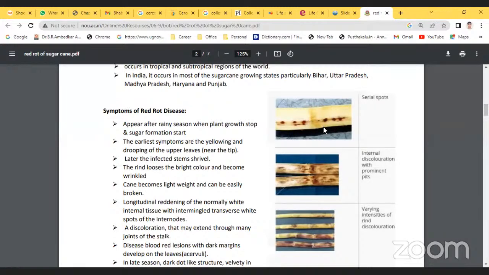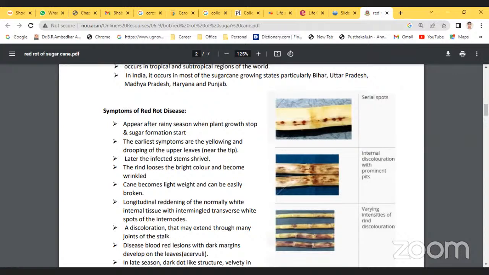The lower leaves are also affected. Red longitudinal bands are seen along the midrib of the leaf. You know the midrib, the center part, like in a maize leaf. The middle vein is the midrib, and the sugarcane leaf midrib is also affected by this disease.